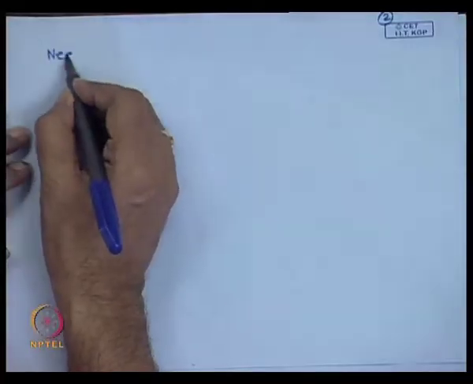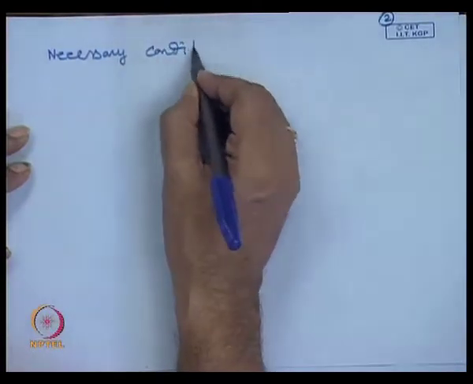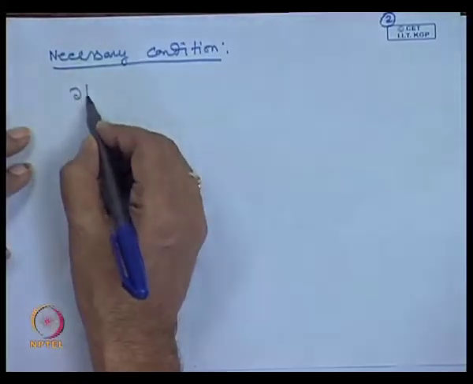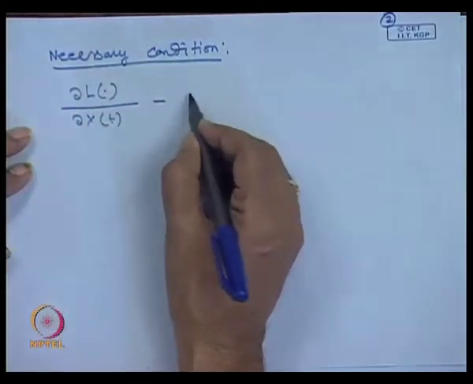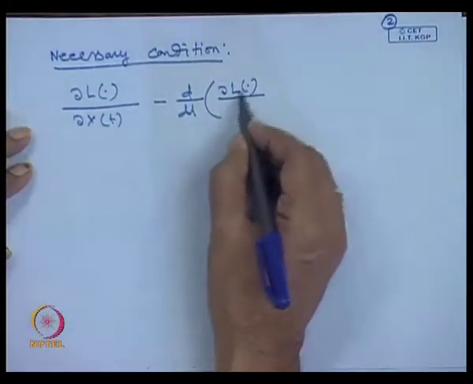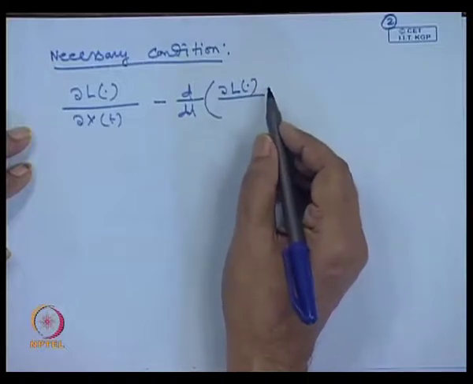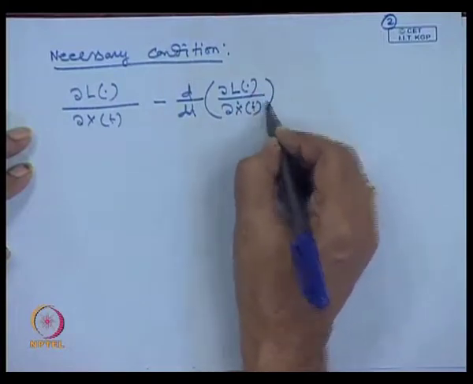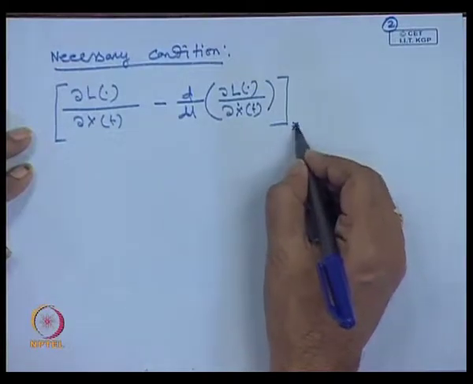Our necessary condition, along with the boundary condition, we got that del L del x of t minus d by dt of del L del x dot, where L is a Lagrangian function, which is a function of x of t, u of t, lambda of t and t.